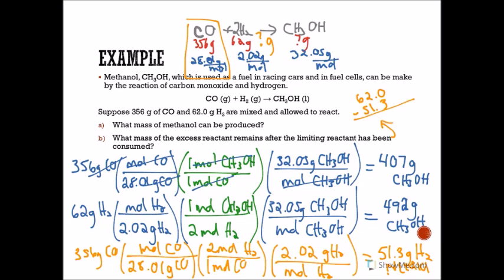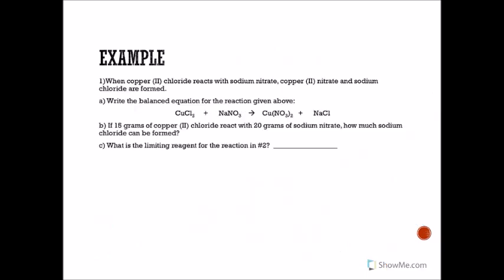We're going to have 62 minus 51.3, so we'll have 10.7 grams of hydrogen left over. So these questions are a lot of work, but not really much different than what we've already learned.